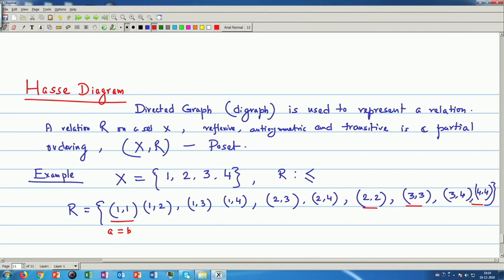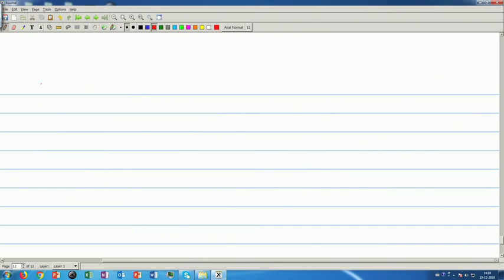In other words, it is reflexive, so a R a holds for all elements. Now let us draw the digraph for this example.